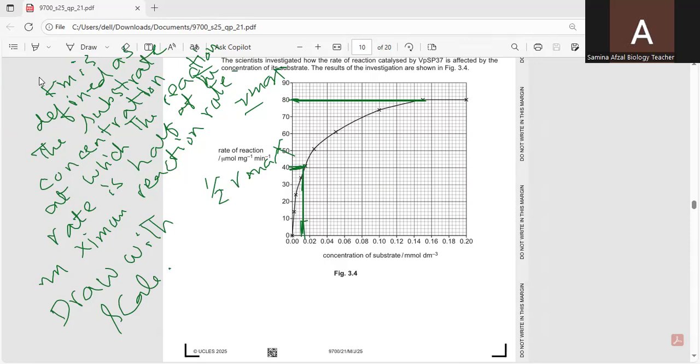It will be equal to 0.1 and 0.01, so it is 0.14 or 0.17.